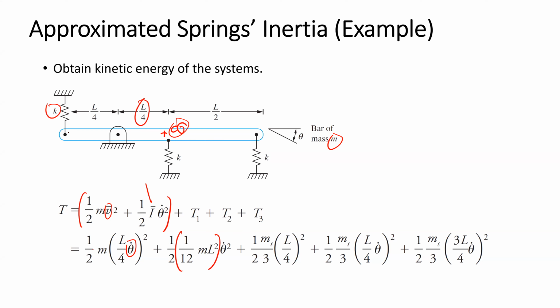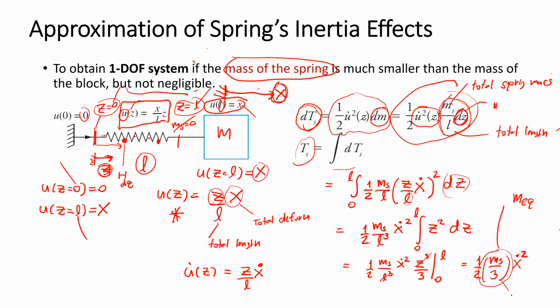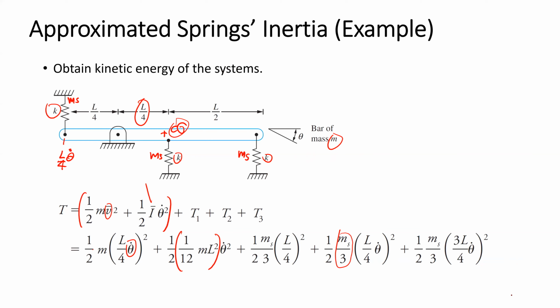And the part that we just derived for the spring: the first spring here has the velocity L/4 theta dot. The spring has stiffness K and mass ms. The spring mass needs to be divided by 3, as we derived for the equivalent mass of the spring when we need to consider the mass, with the velocity squared.